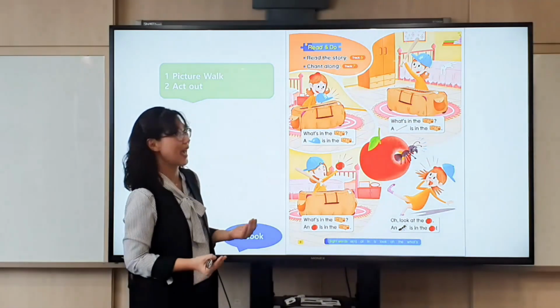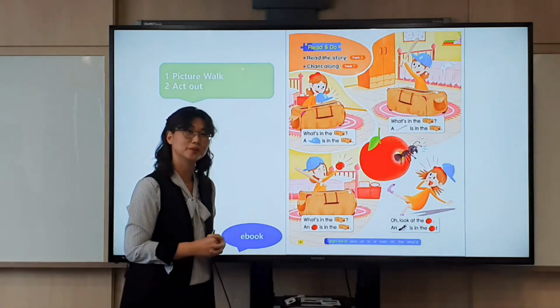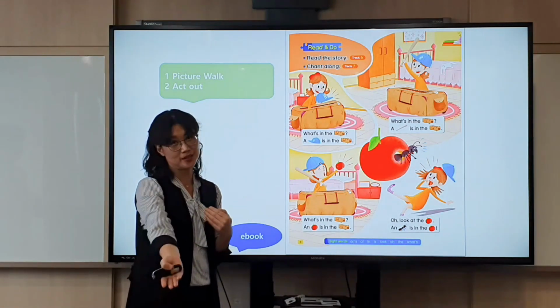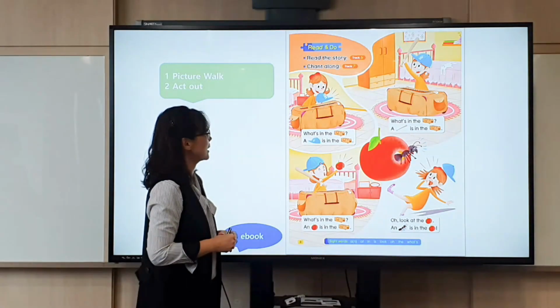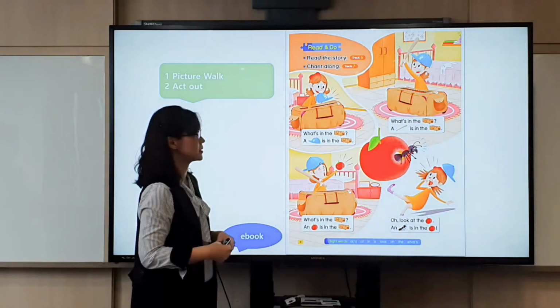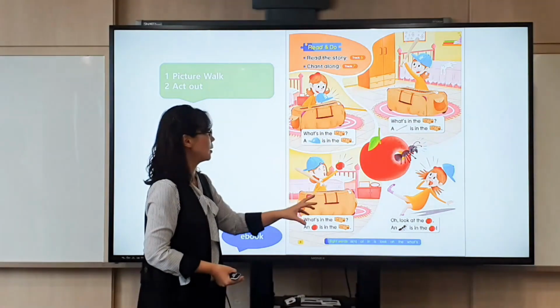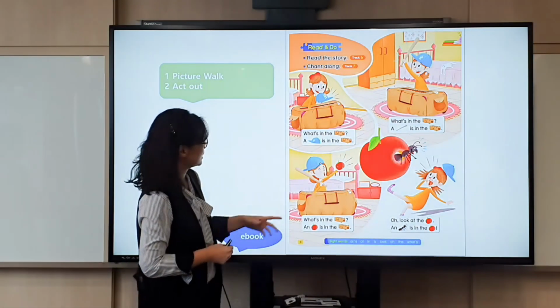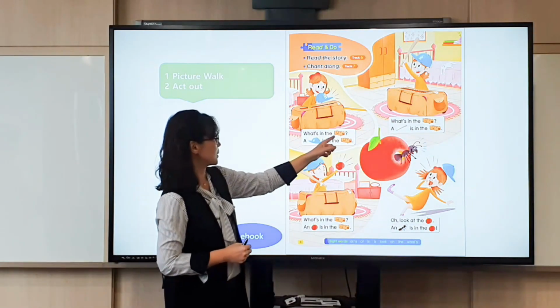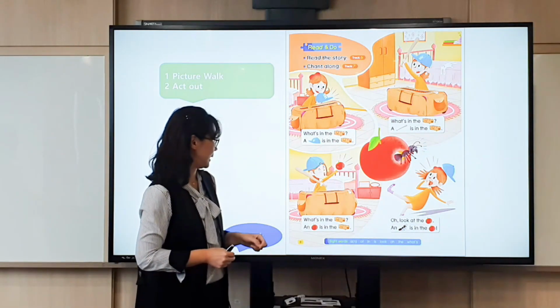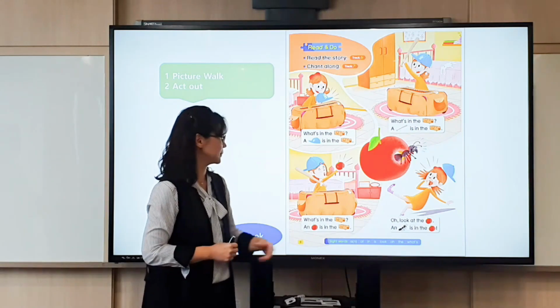What color is the cat? It's blue. So you can ask questions about the pictures, and you can ask your students to answer the questions using the words that they know. So these are all the target words, all these ones, bag, cat, and apples.